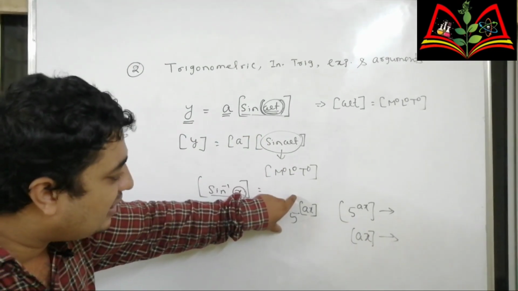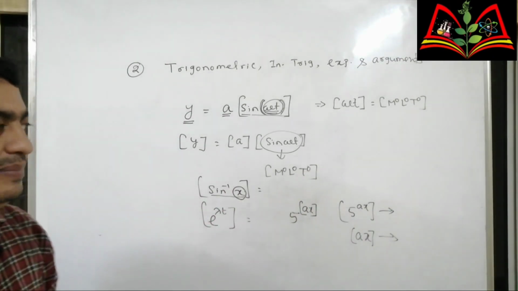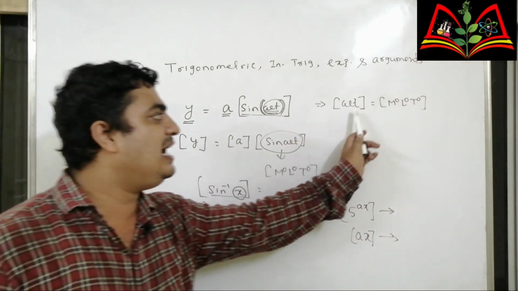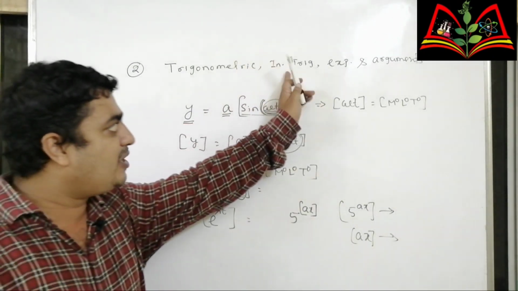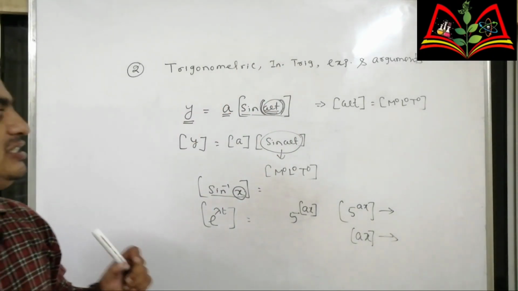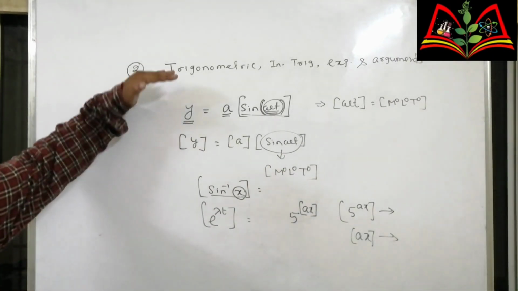Because exponential function is dimensionless, its argument is also dimensionless. Like that, sine function is dimensionless and its argument is also dimensionless. Like that, inverse trigonometric function is dimensionless and its argument is also dimensionless. So what do we understand?